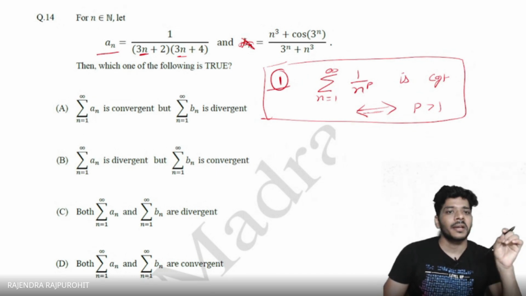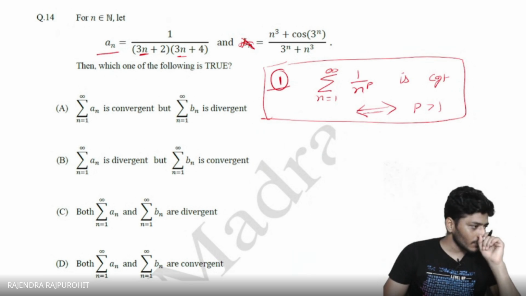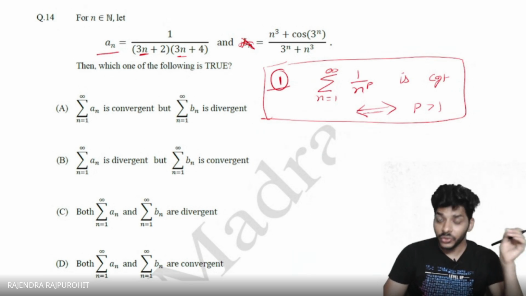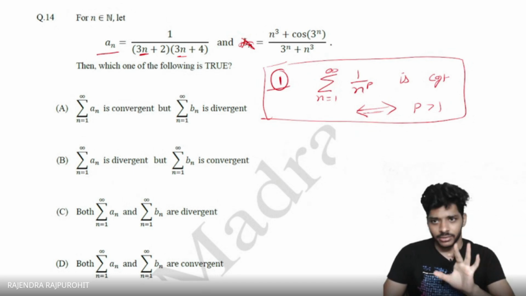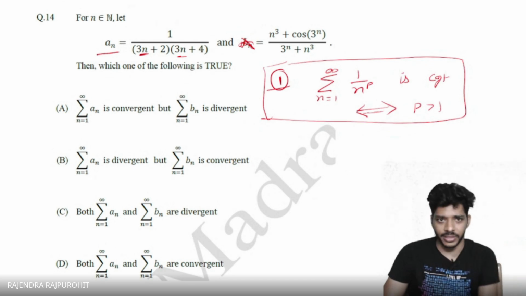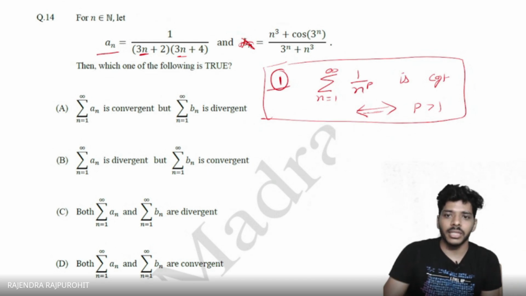If you can find a sequence b_n such that summation b_n is convergent, you should know everything about b_n. Whatever b_n you are choosing, you should know about it. In this case, I can choose b_n to be 1 upon n square.